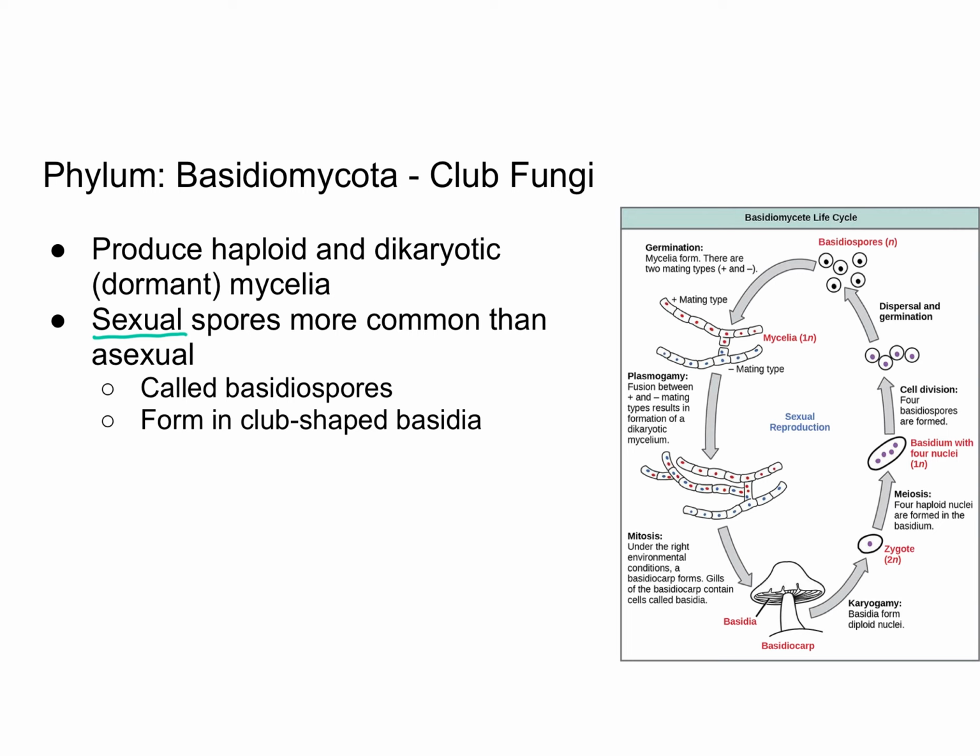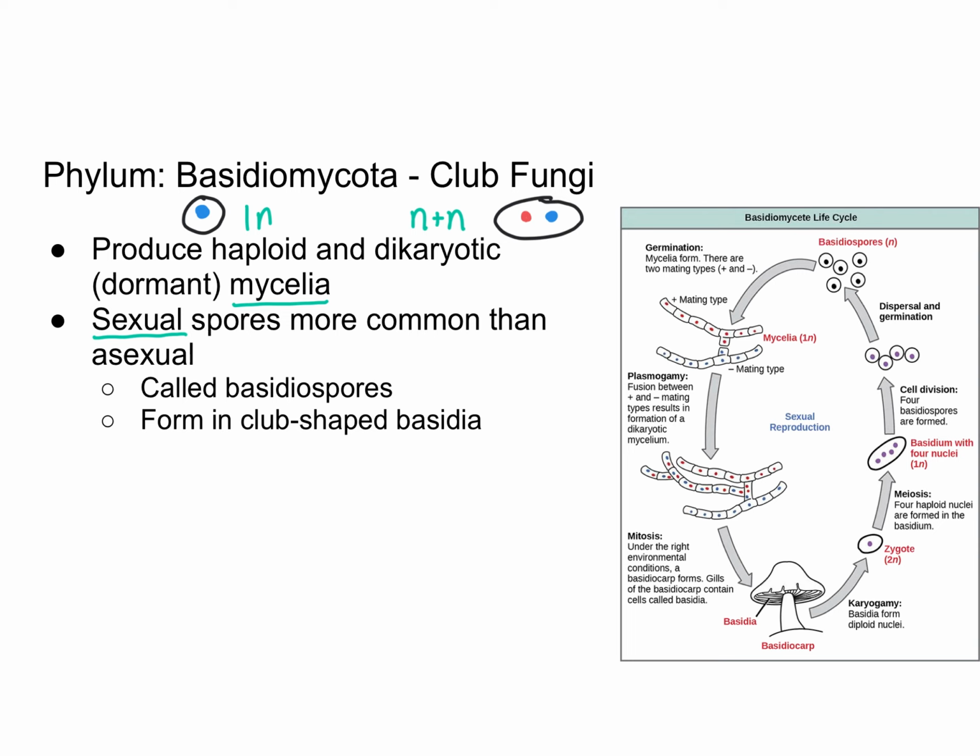The mycelia of the Basidiomycota may either be haploid, which remember is 1N, or dikaryotic, which remember we refer to as N plus N. So dikaryotic means that one cell has two haploid nuclei, whereas haploid just means a cell with one kind of haploid nucleus.